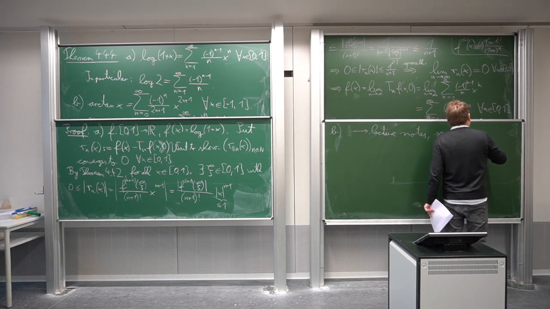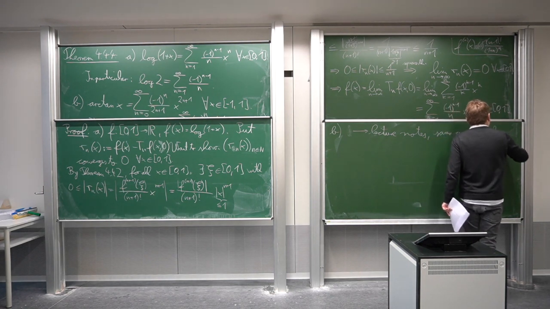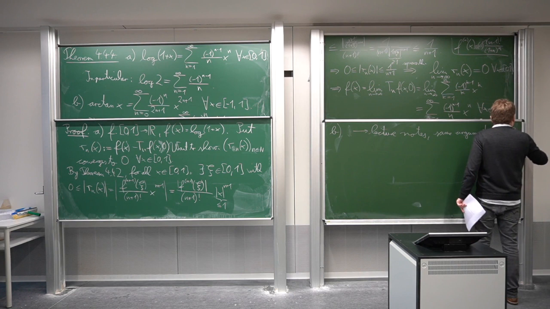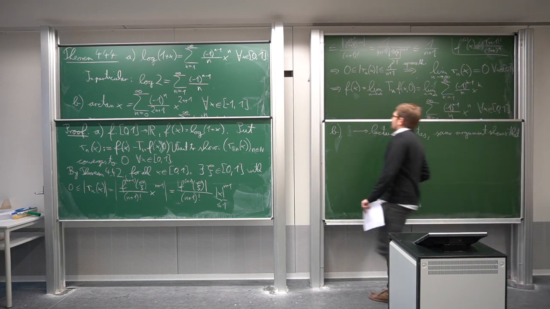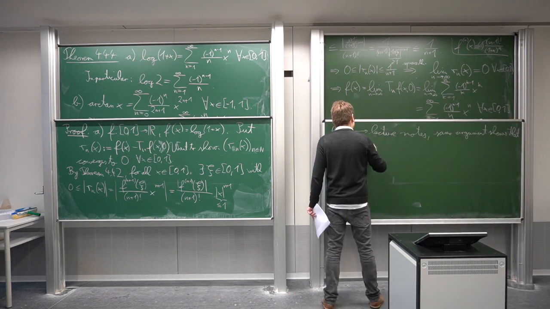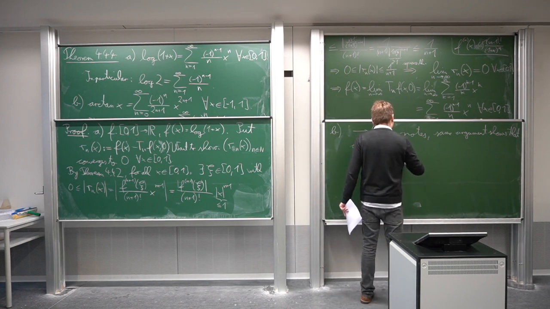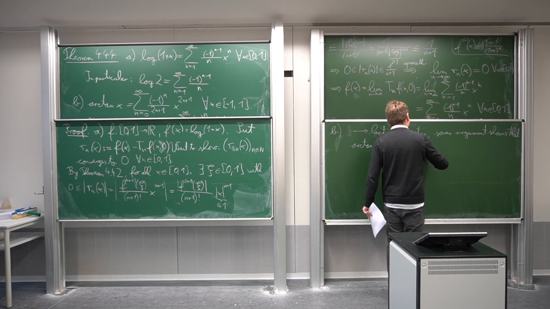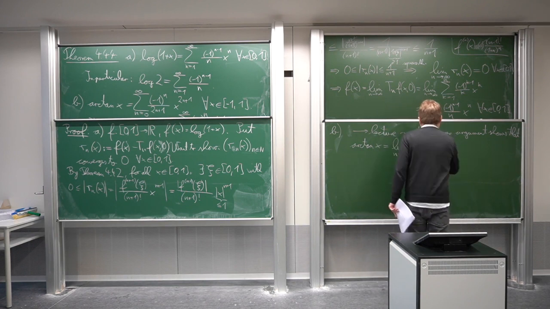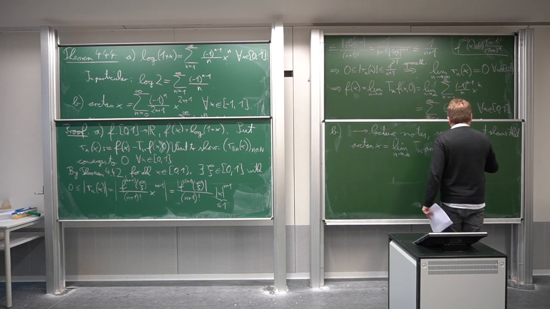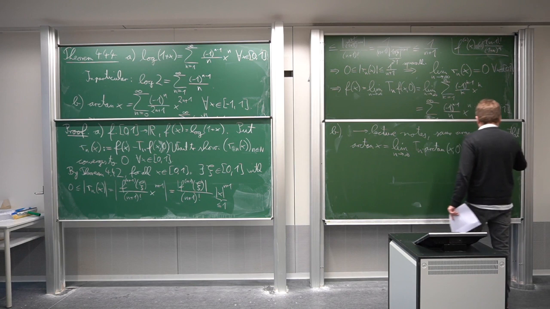The same argument shows that arctan x is the limit of n going to infinity of Tn arctan of x at 0, for all x between -1 and 1.